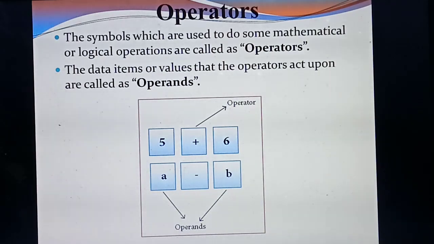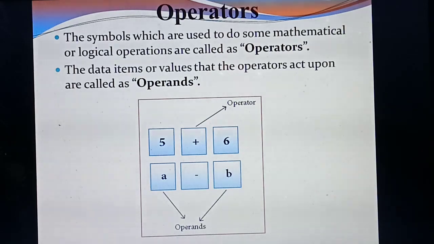What are the symbols you use to do mathematical calculations? Plus, minus, multiplication, division, modulus, equal to. A lot of symbols you are using in maths. What's the purpose of plus? To add 2 or 3 numbers. What's the use of minus?